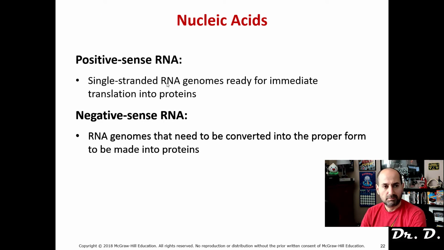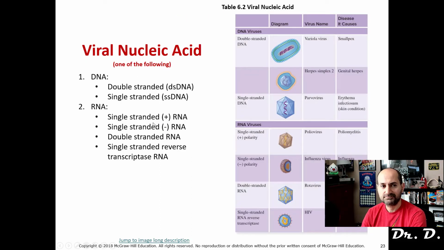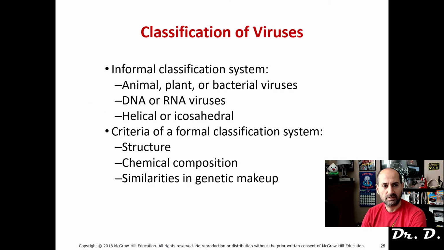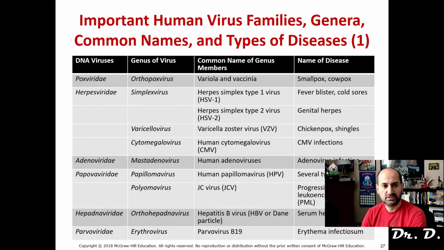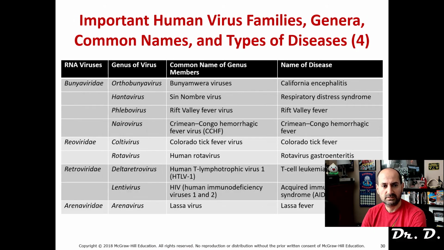You could even have positive sense RNA or positive strand RNA or negative strand RNA. What's the difference? Positive strand RNA can serve as mRNA, whereas negative strand RNA, negative sense RNA, cannot serve as mRNA. Okay, these are just the different types of viral genomes. Again, I'm skipping stuff, but not because it's not important.